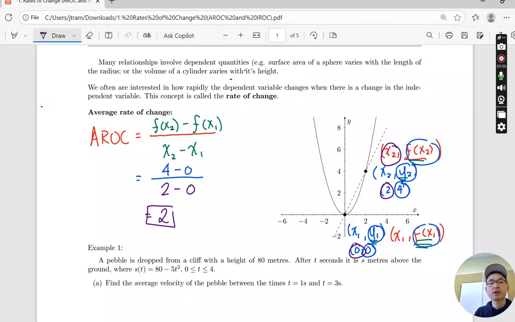So in this case, our average rate of change is just 2, and then we should have units, but we clearly don't.